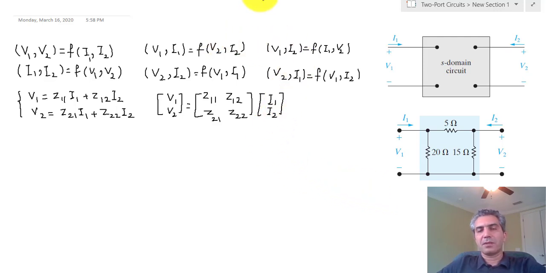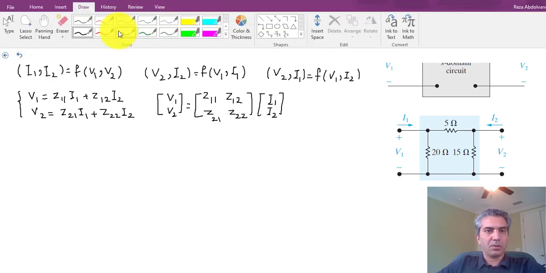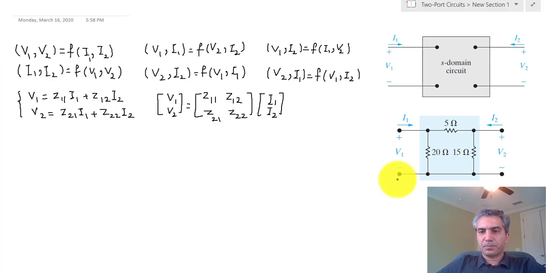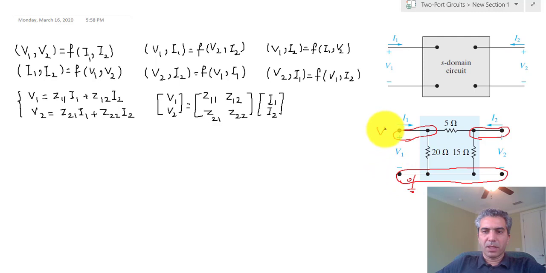In other words, for any circuit, there is nothing else that you need to do, and I have repeated this so often that I think by now you're bored. So we label the circuit. This is one node, and this is another node. I'm going to take that as my ground, and when I do that, this automatically becomes V1, that becomes V2. Now there's a current here.